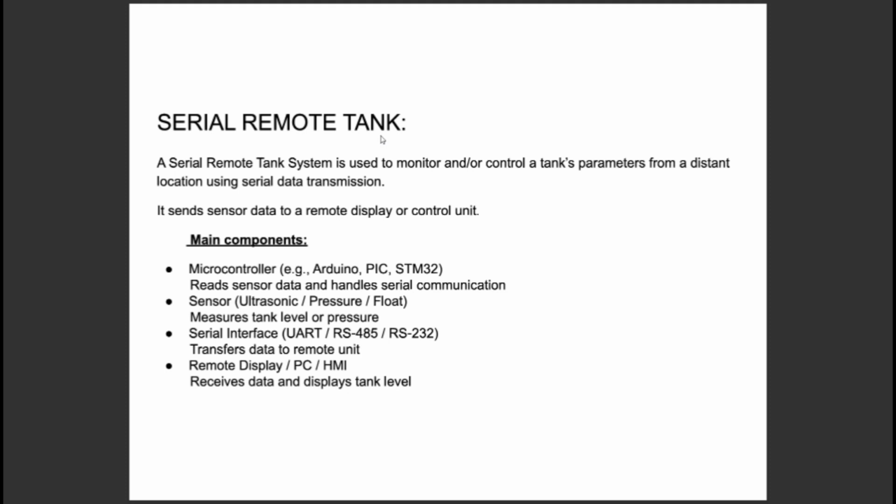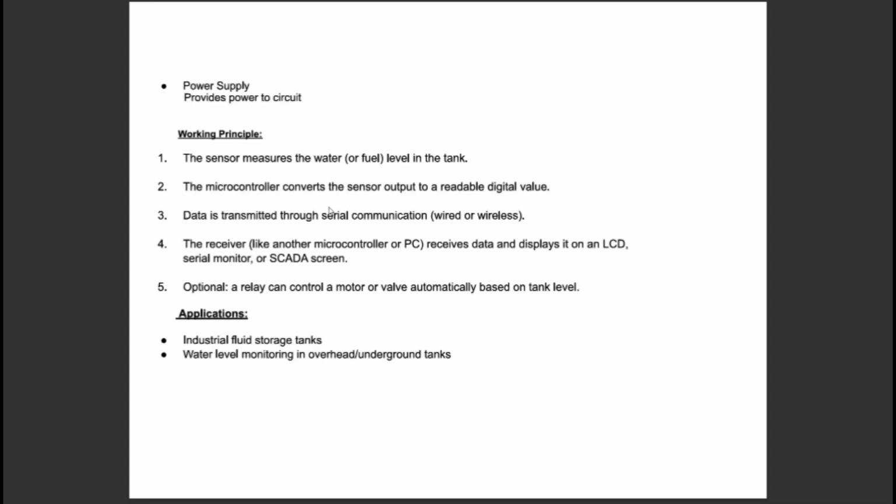The main components used in this system are a microcontroller, sensor, a serial interface, remote display, and a power supply. The working of this system is simple. First, the sensor measures the water or fuel level inside the tank.